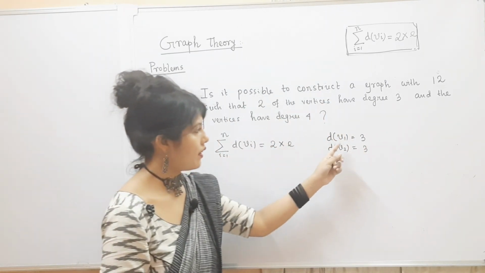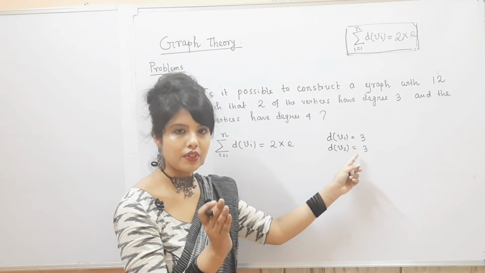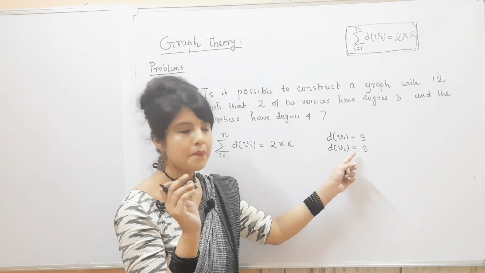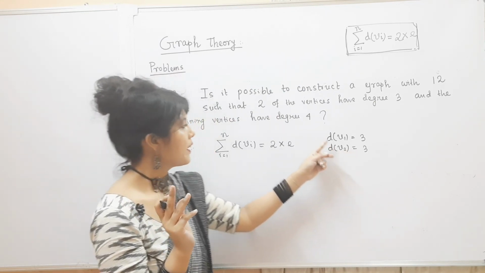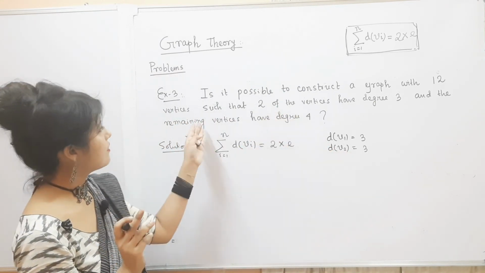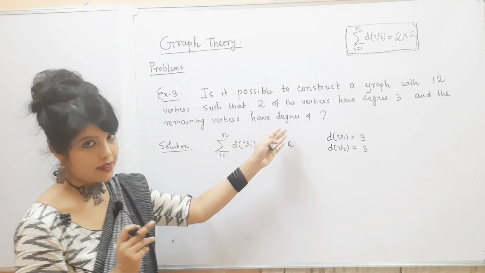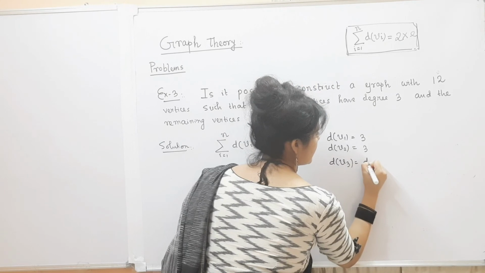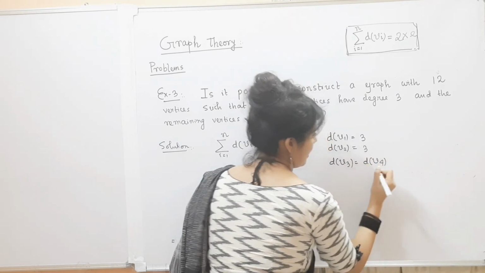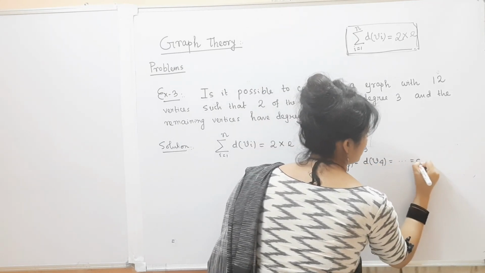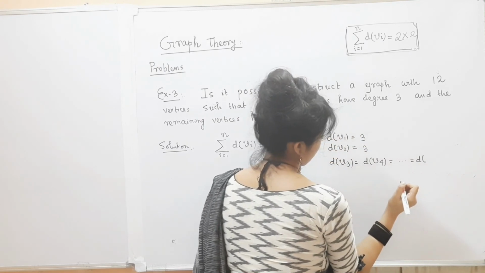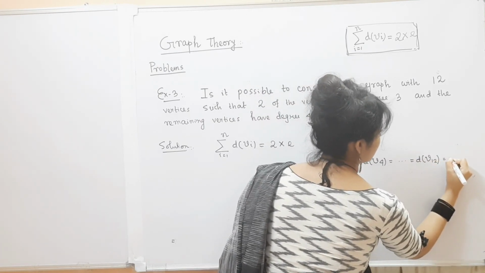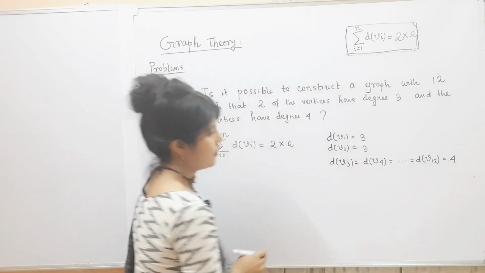2 are of degree 3 and the remaining are of degree 4. So if you subtract V1 and V2, there are 10 vertices, and all the 10 vertices have degree 4. Therefore degree of V3, degree of V4 and up to degree of V12 are 4.